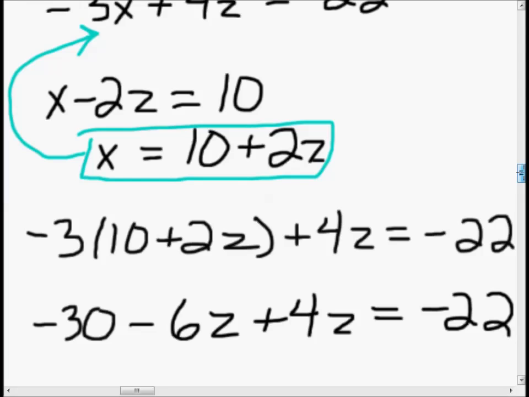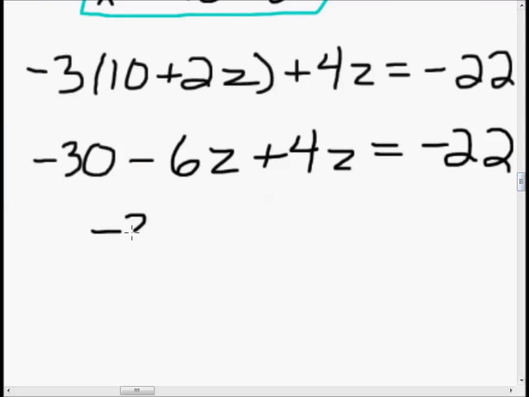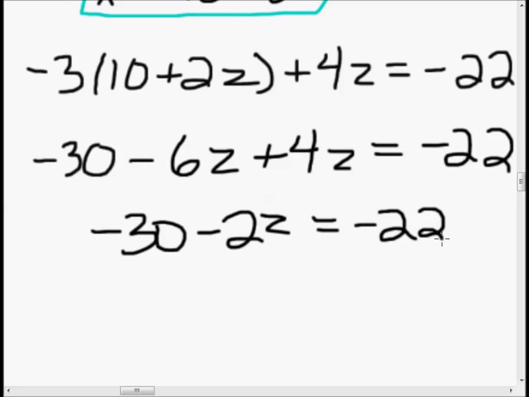And so this ends up being -30 minus 2z equals -22, and then we add 30 to both sides, and that ends up being -2z equals 10.